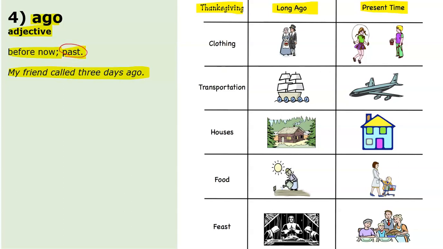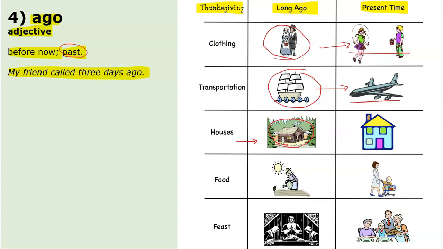So I can say long ago, people used to wear these kinds of clothes. But today, they wear this. Or I can say long ago, people traveled by boat, but today people travel by airplane. Or long ago, people lived in cabins in houses made of wood.